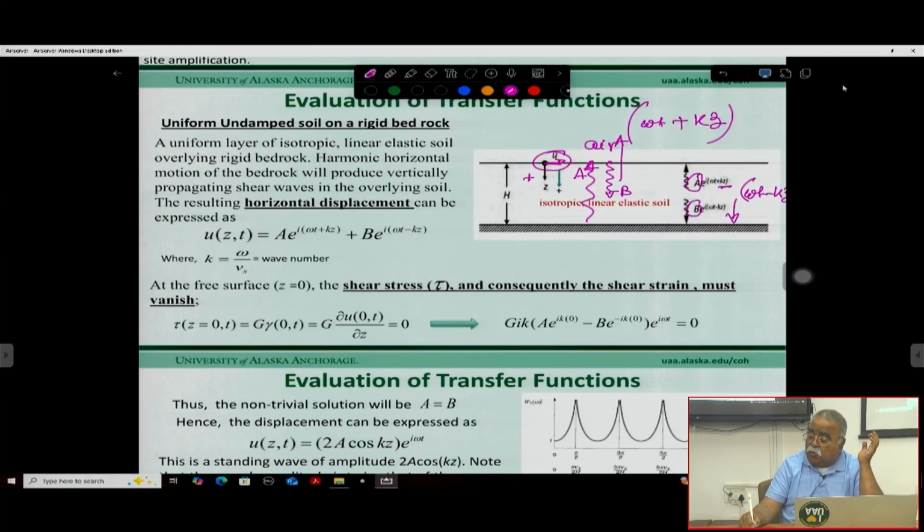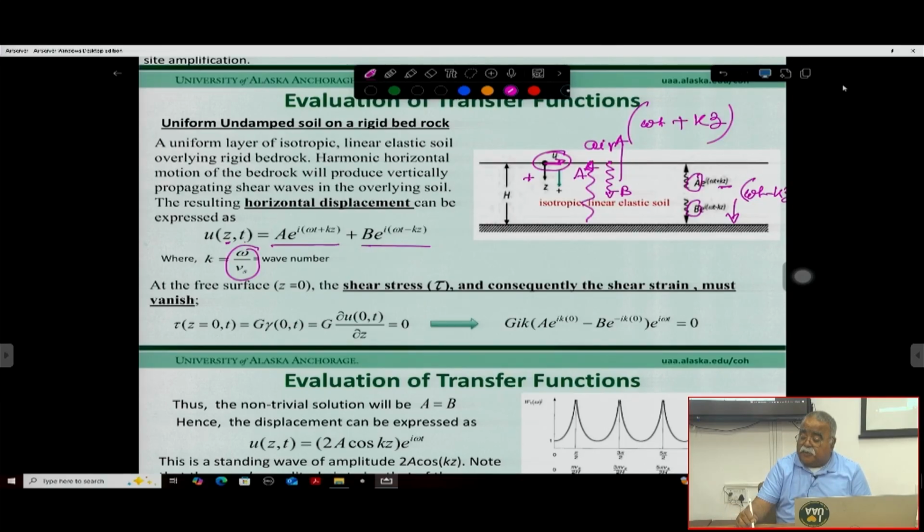So u at any depth z and time t will be the incident wave plus the reflected back wave. So A e to the power i omega t plus kz and B e to the power i omega t minus kz, right? Here k is the wave number, and you all know it is omega by Vs, where Vs is the velocity of the S wave.